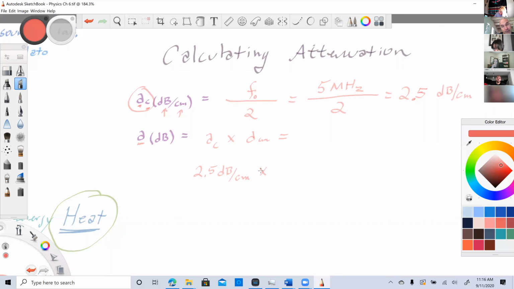My example that I have written in my book is 3. So at 3 centimeters, I guess it'd help if I put attenuation in decibels equals 2.5 times 3, which is going to be equal to 7.5 decibels of attenuation.